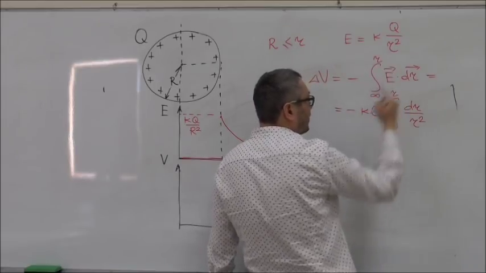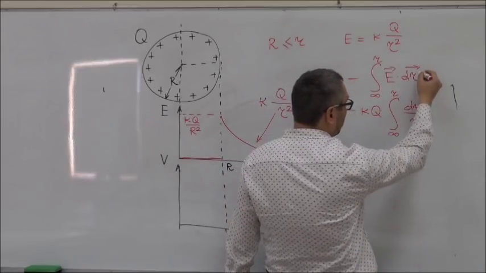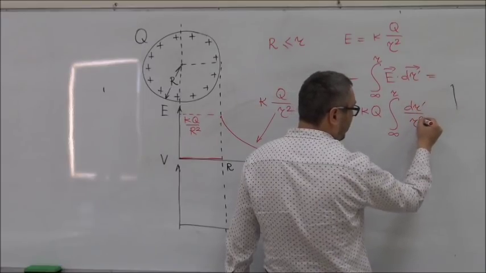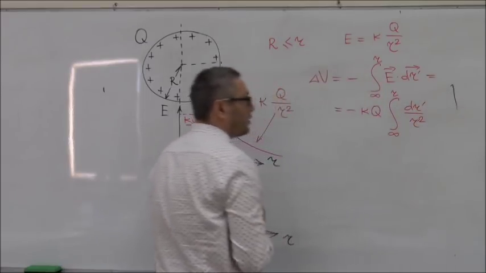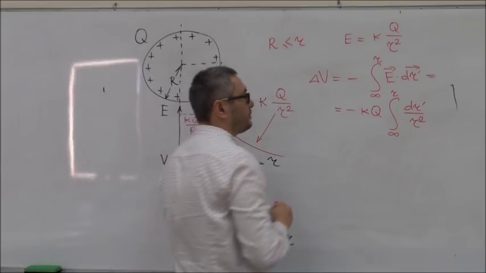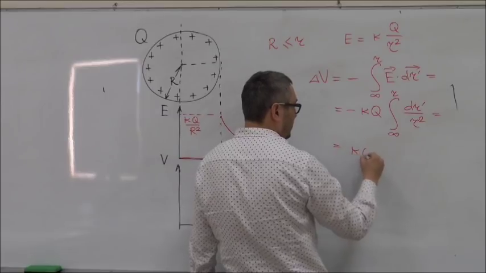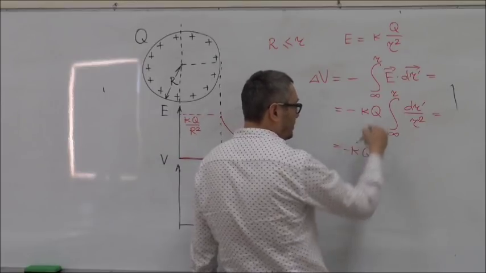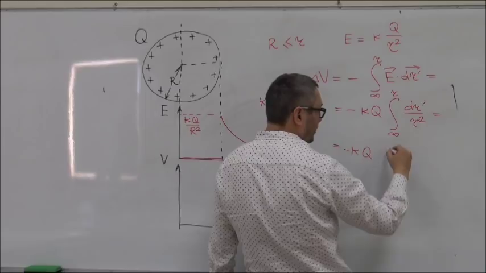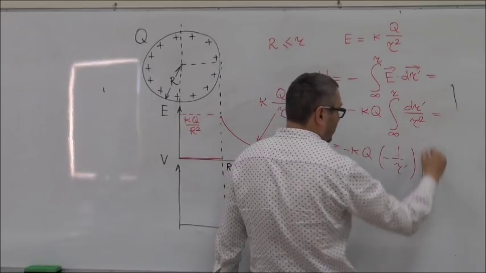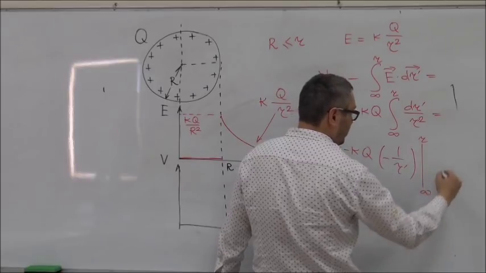Now, because we have r here in the limit, it would be better if we put a prime sign next to the variable, so dr prime. So this integral is then equal to negative kq times minus 1 over r prime, from r to infinity.